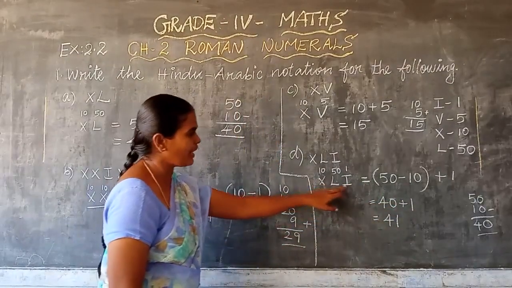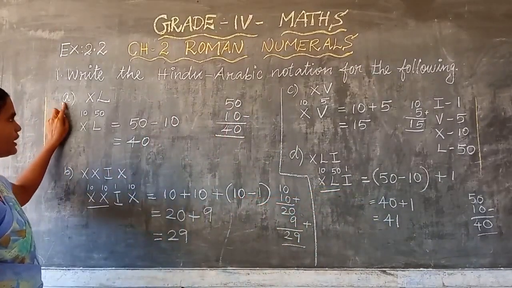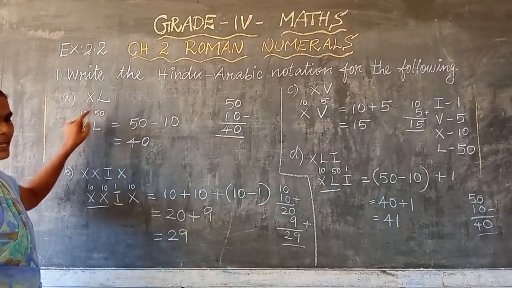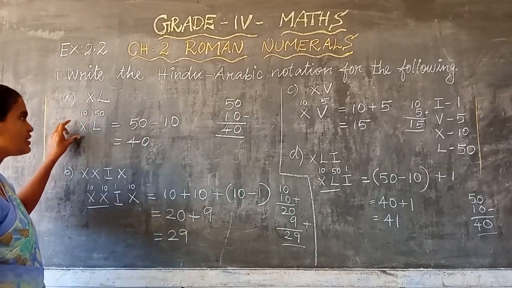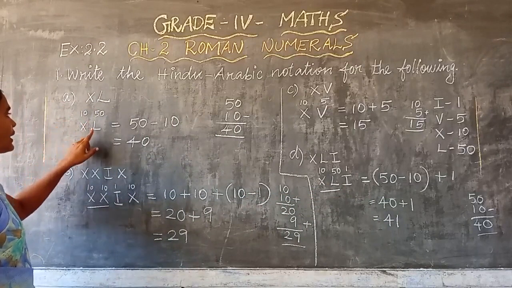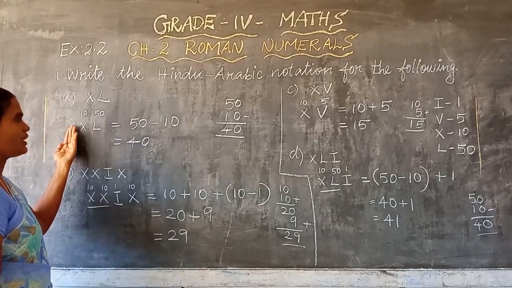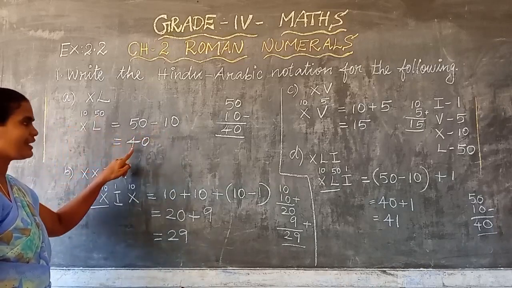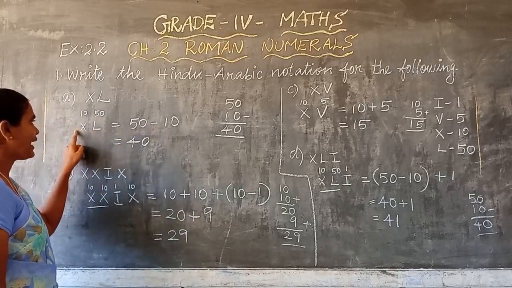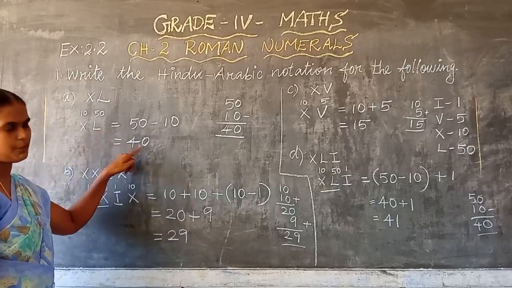So XLI value 41. So see here now, a question, XL, X value 10, L value 50. Now just recall the rule, greater number, left side small number means subtraction. So 50 minus 10, we get answer 40. XL, value of XL is equal to 40.